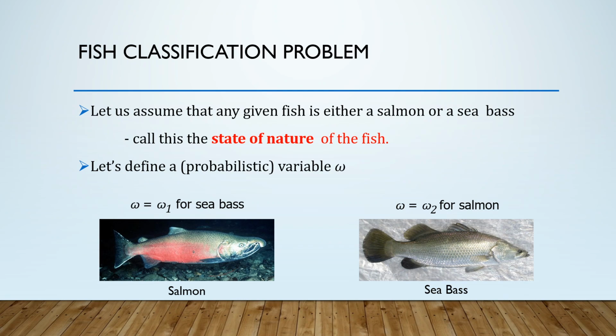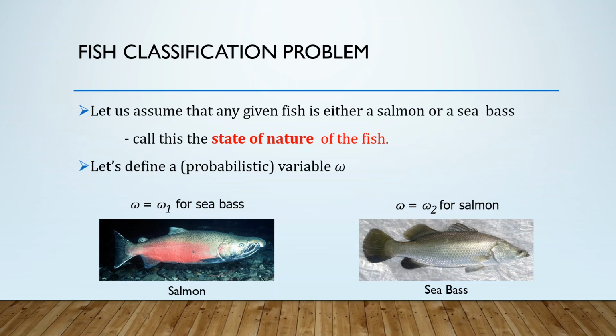Let us start this decision theory with the problem where we are going to classify fish. Suppose we have two different types of fish, one is salmon, another is sea bass. These two fish we want to classify. So it's a two-class problem, as there are two different classes.